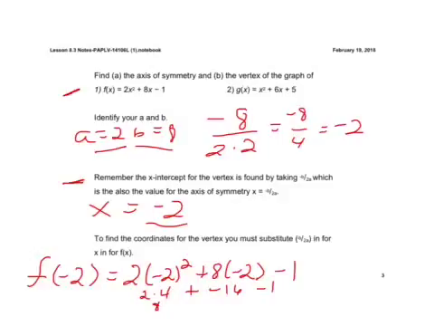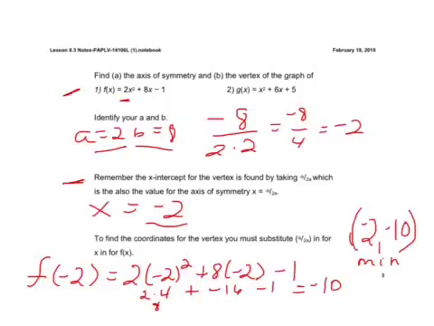So 8 plus negative 16 would be a negative 8... negative 9, minus 1 would equal a negative 10. So our vertex for this parabola would be negative 2, comma, negative 10. And this would represent a minimum point because our a was greater than 0.